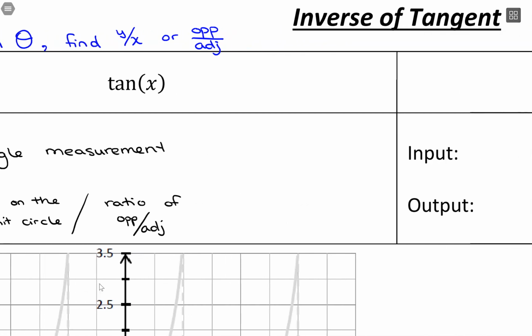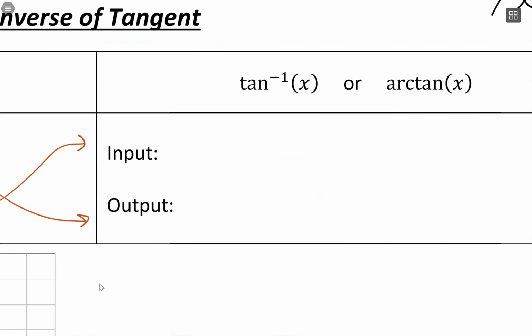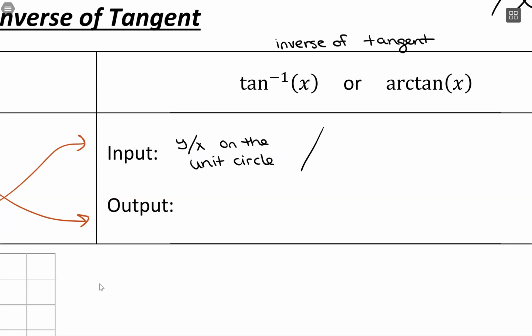So when we move to inverse tangent, we're going to switch these around. So this is inverse tangent or arctangent. And the input is going to be that y over x on the unit circle, or that ratio of opposite over adjacent.